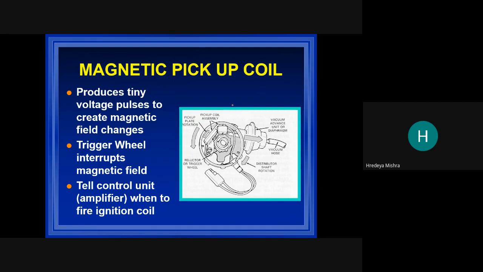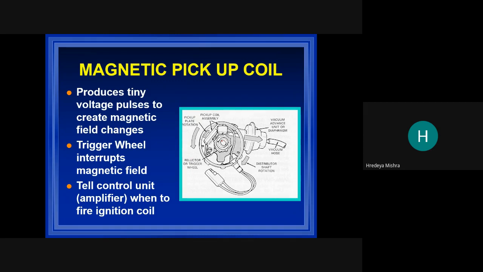Magnetic pickup coil. See here, because in the electronic ignition system the magnetic field is produced, so a magnetic pickup coil is needed. It produces tiny voltage pulses to create magnetic field change.